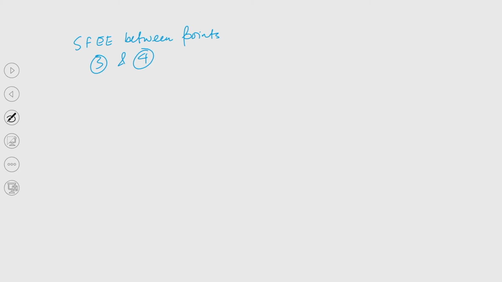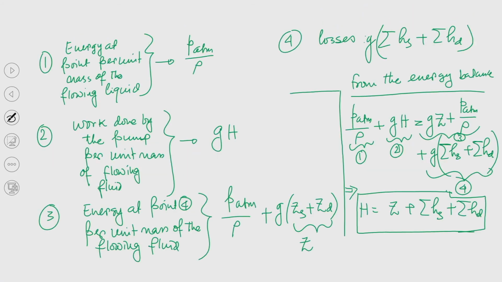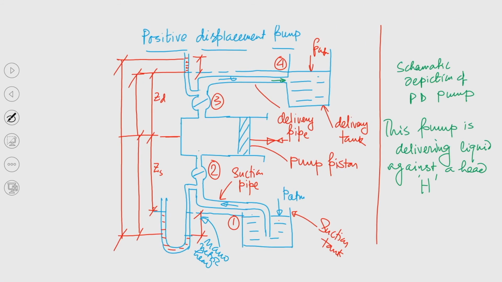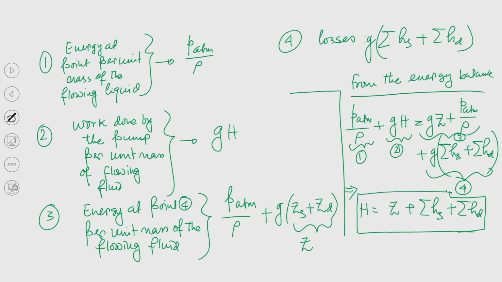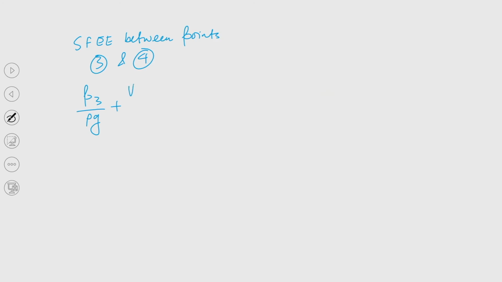We can write P3 by rho g. At point 3 there is still velocity of the liquid, so if we consider that, V3 square by 2g, equal to P_ATM by rho g plus Zd plus summation of Hd.